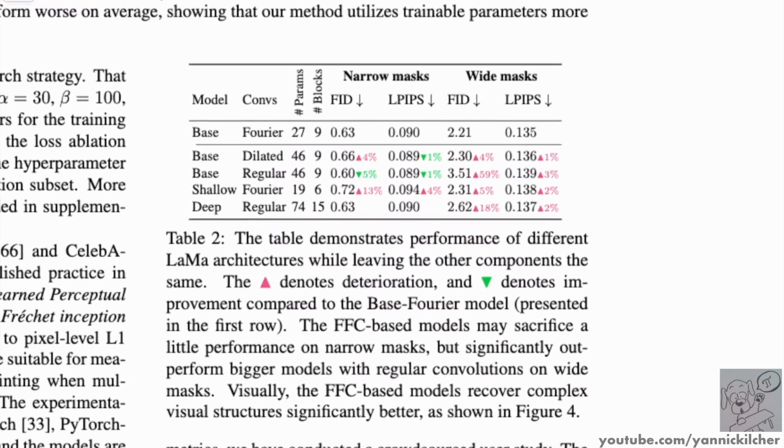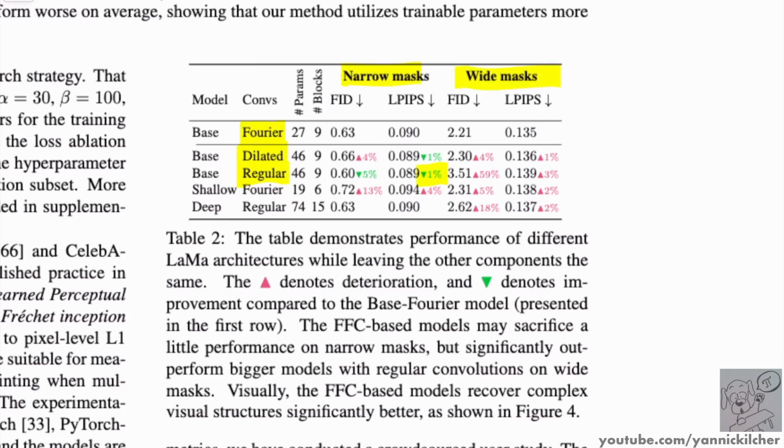They do a lot of ablations where they switch out different convolutions right here. They show what if we switch the Fourier convolution by a dilated convolution, which is also a way to increase the receptive field rapidly, or by a regular convolution. And again, while there might be some improvements sometimes on narrow masks, as soon as you go to wide masks, the other models degrade pretty quickly.